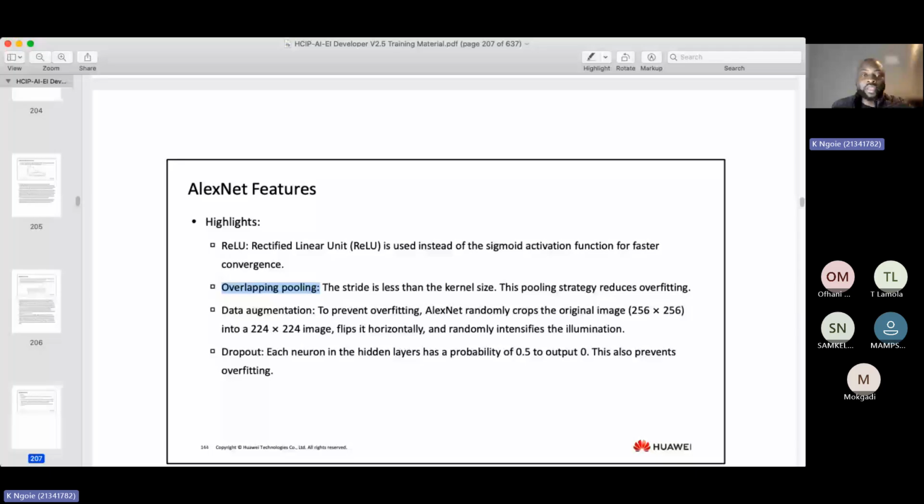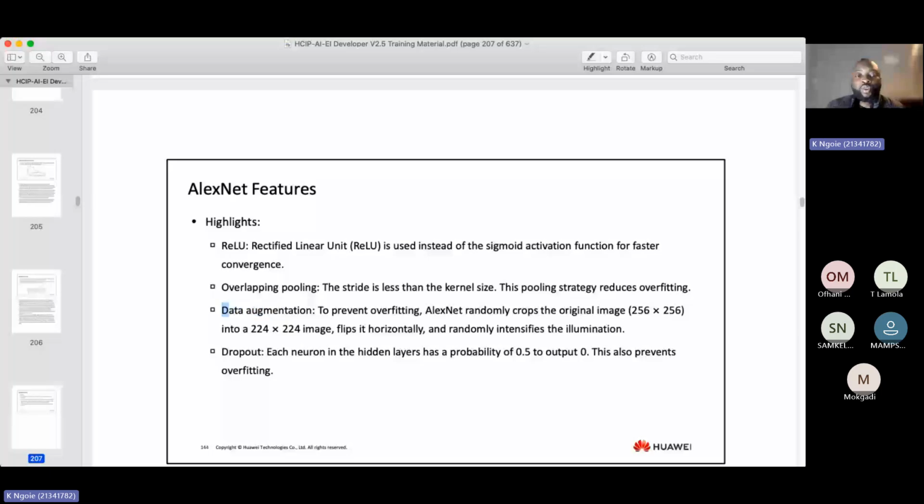and then to prevent overfitting, AlexNet randomly crops the 256 by 256 images into 224 by 224 images. It can flip them horizontally or randomly intensify the illumination. So it does what we learned in a previous lesson as data augmentation.